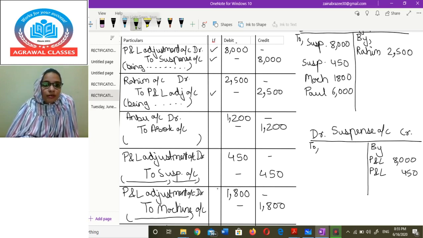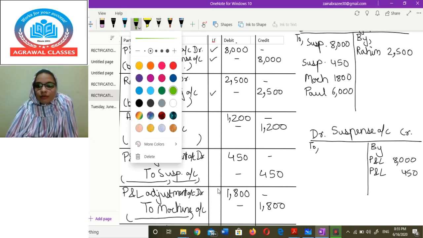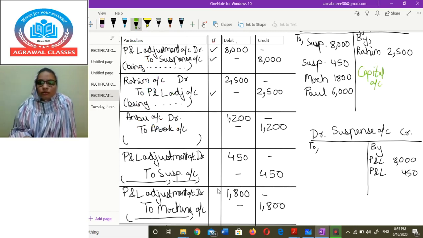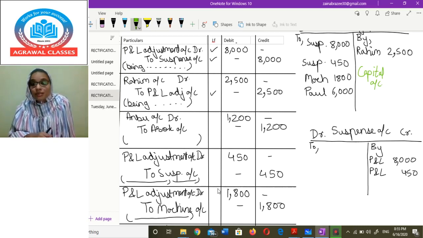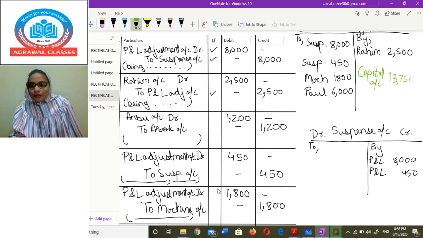The balancing figure will come here by capital account. So the balancing figure is 8 plus 6, 14,000 plus 1,800 plus 450 minus 2,500. You get 13,750 and your account is closed.